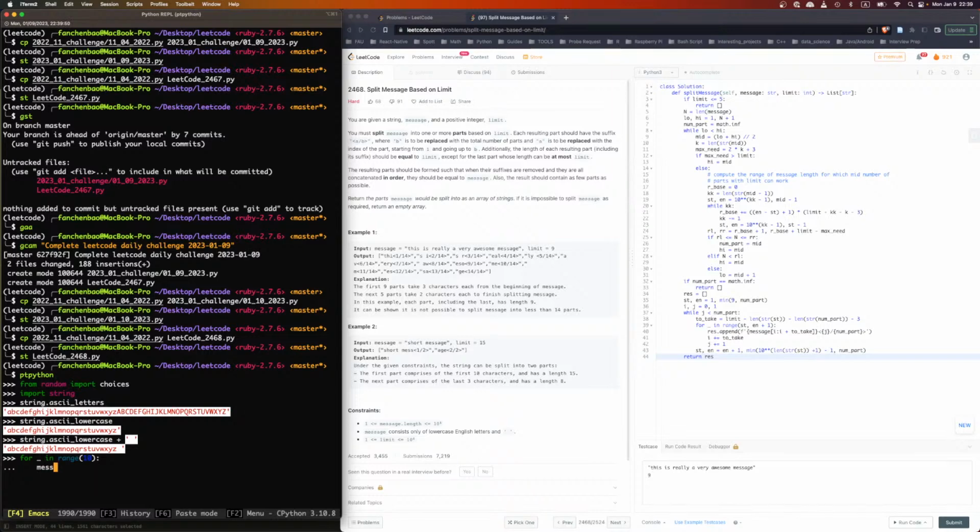So we say message shall equal to this dot join. This in range. Message length 10 to the 4th. Holy crap, 10 to the 4th. How do I know? You don't. Let's do 100 words, okay? And each word is going to be, oh my word.